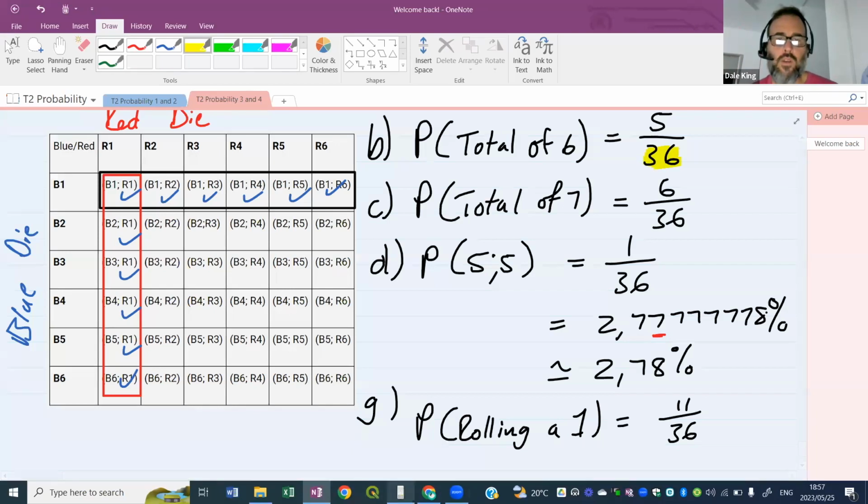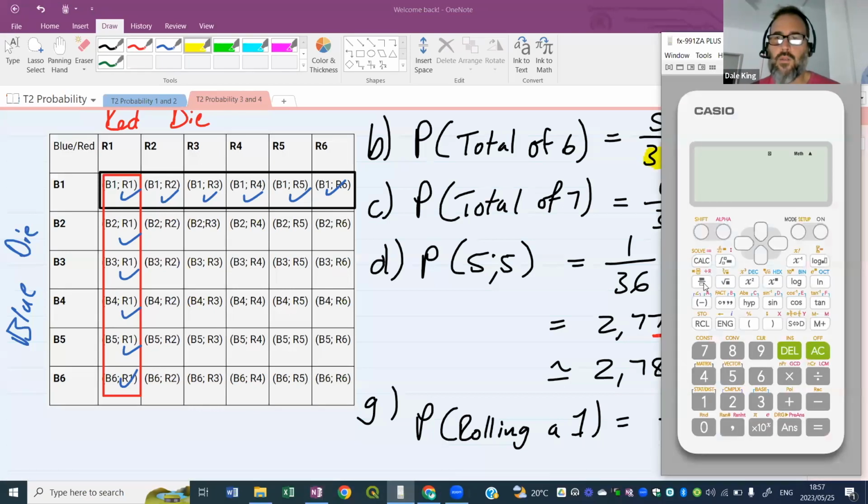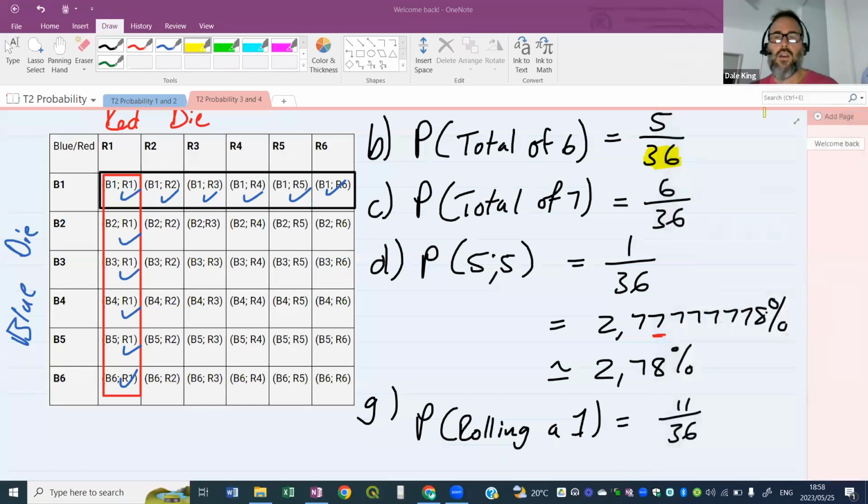For example, if I have 15 over 36, what is that as a decimal? Press equals, press the S-D button, there it is. What is it as a percentage? Just times it by 100, and you get your percentage. So changing between fraction, decimal, and percentage is very easy. It's building the fraction that is the only thing you have to worry about.